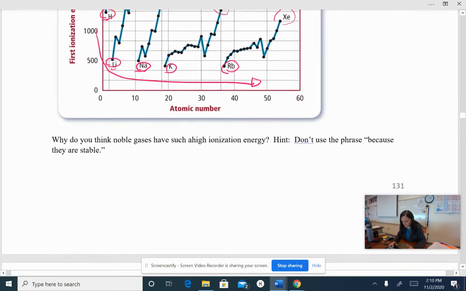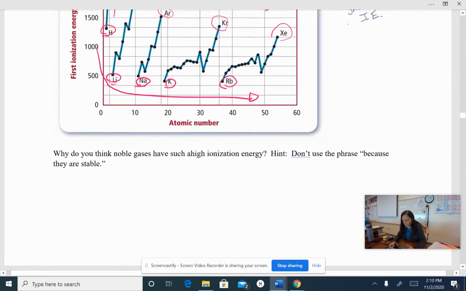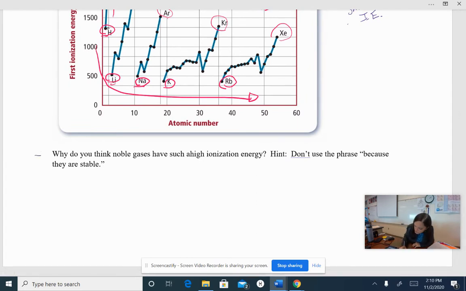Okay? So I want to ask you a question here. Why do you think the noble gases, helium, neon, krypton, argon, xenon, why do they have such high ionization energies? And don't think of the phrase because they're super stable. Think about size.